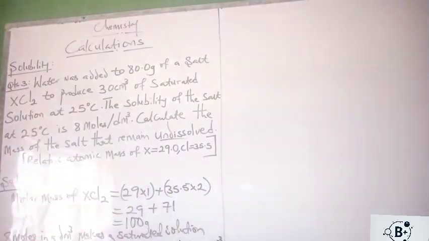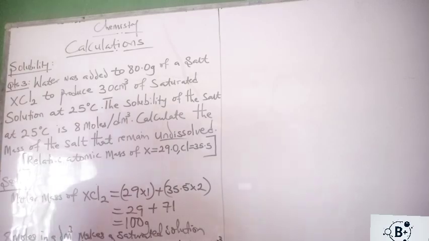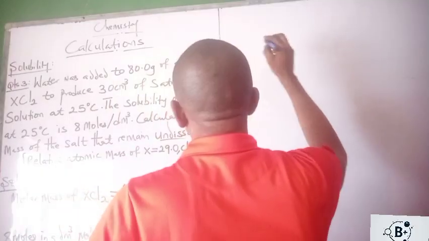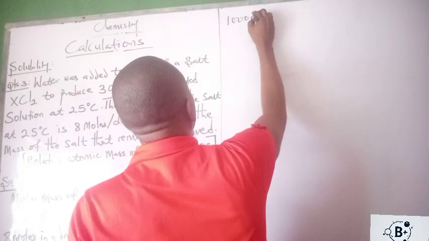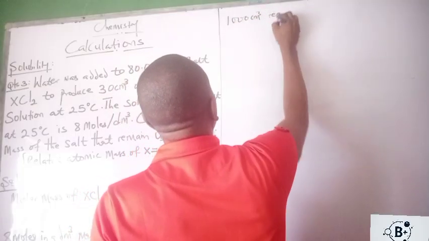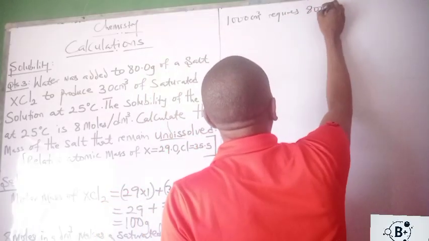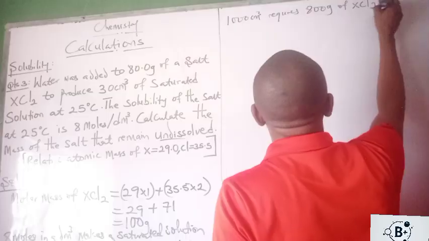Or let me write it up here. So 1000 cm³ requires 800 grams of SCl2.